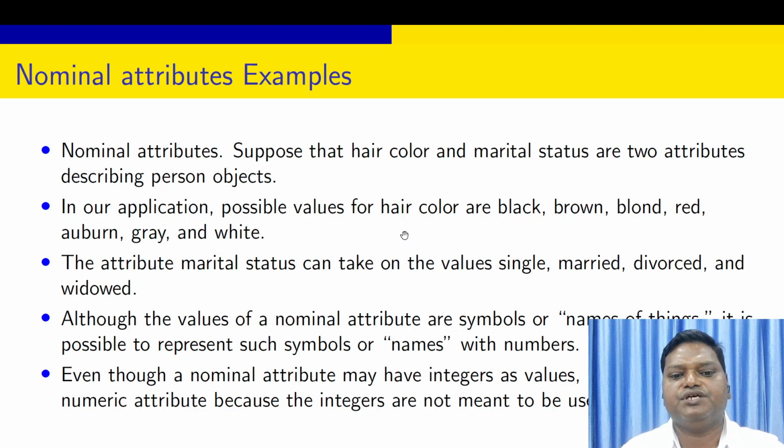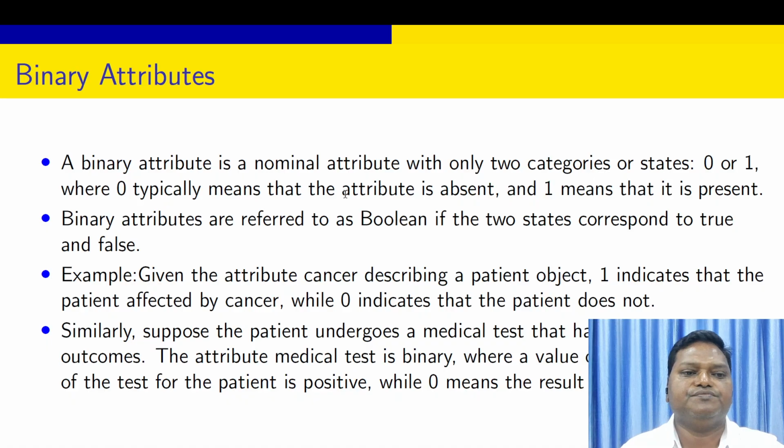So colors, marital status: single, married, divorced, widowed; gender is a nominal attribute, country is a nominal attribute, mother tongue is a nominal attribute, nationality is a nominal attribute. These are all nominal attributes where we have discrete names.